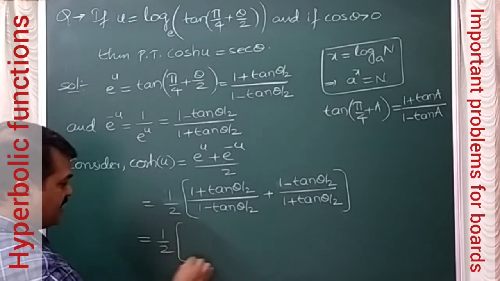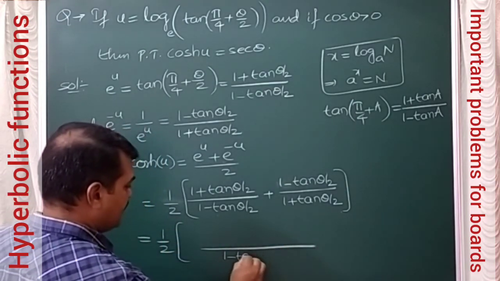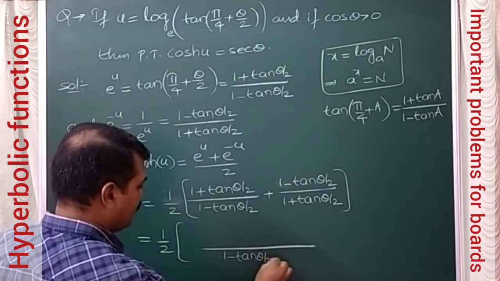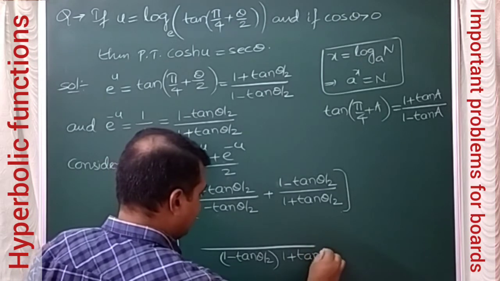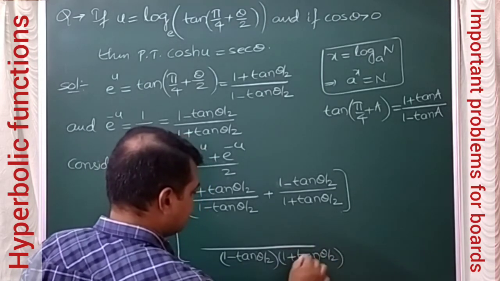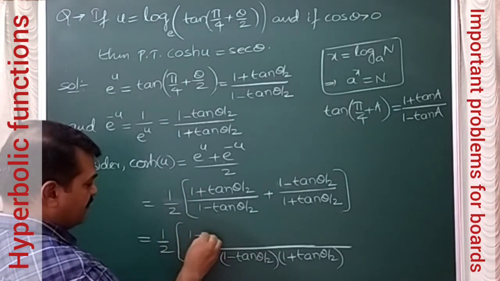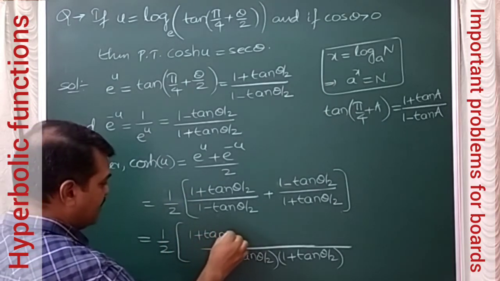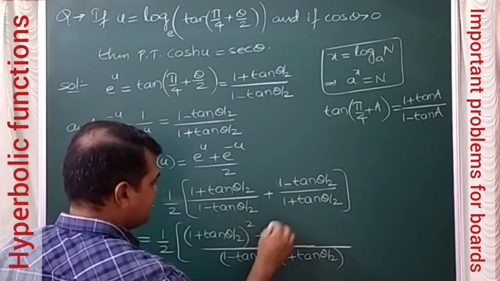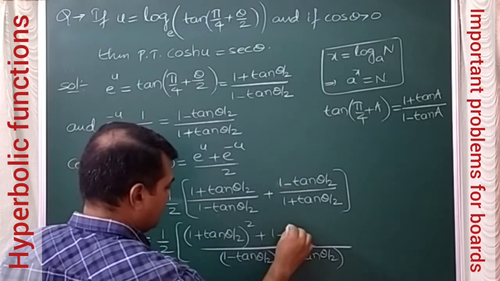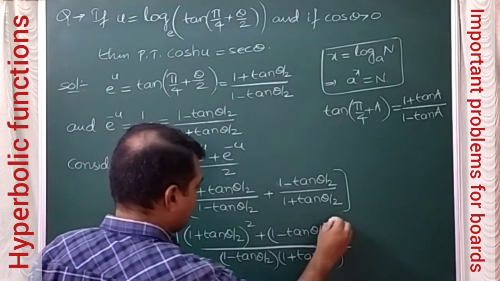If you take LCM and simplify, LCM is 1 minus tan theta by 2 into 1 plus tan theta by 2. In the first term we will get 1 plus tan theta by 2 whole square, plus in the second term we will get 1 minus tan theta by 2 whole square.